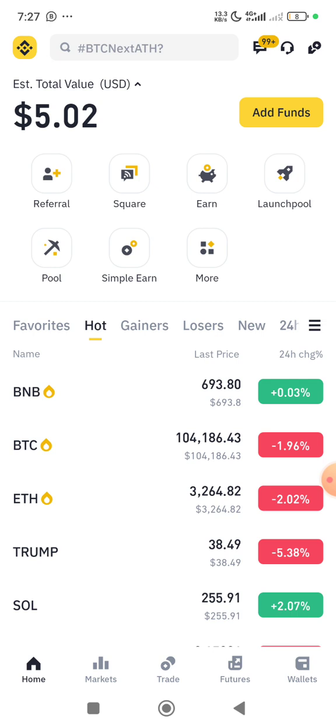Now, one of the things you need to understand is that in futures trading, we make money in two ways. Number one is we make money when the price of the coin goes up, and also when the price of the coin comes down. Now, to recall, in spot trading, we only make money when the price of the coin goes up.